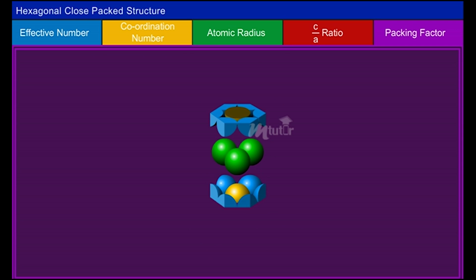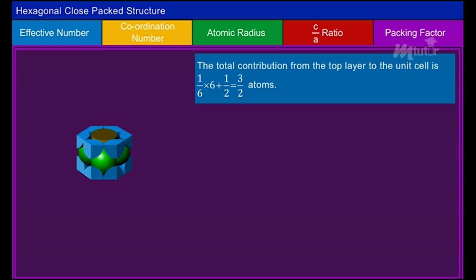Considering the top layer, which has totally 7 atoms, each corner atom contributes 1 by 6 atom to the unit cell, and the center atom contributes 1 by 2 atom to the unit cell. Hence, the total contribution from the top layer to the unit cell is 1 by 6 into 6 plus 1 by 2, equal to 3 by 2 atoms.